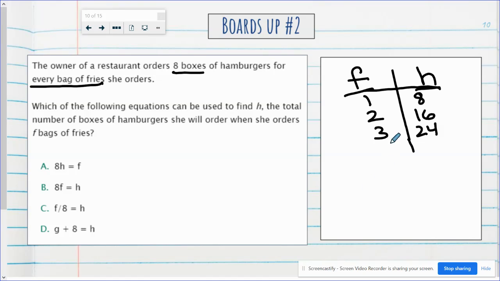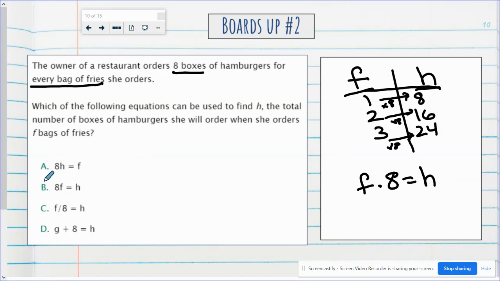So now let's put this into equation form. What I see happening here is that I am taking the fries, multiplying them by 8 to get the number of hamburgers. Because 1 times 8 is 8, 2 times 8 is 16, 3 times 8 is 24. So this is going to mean that the number of fries times 8 equals the number of hamburgers.